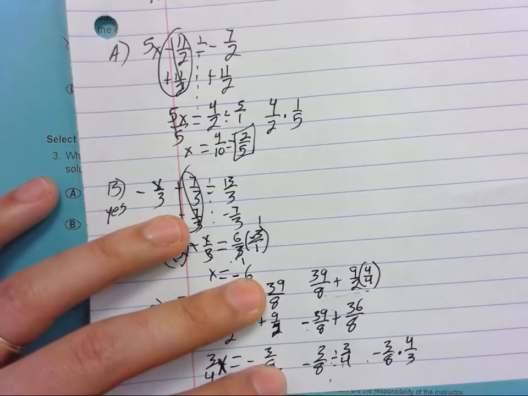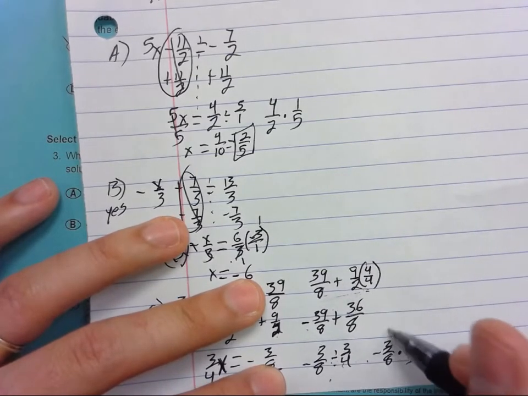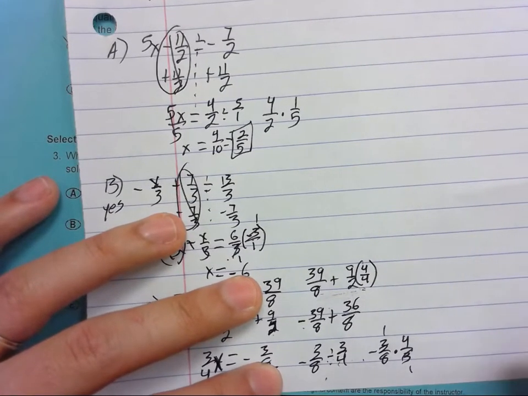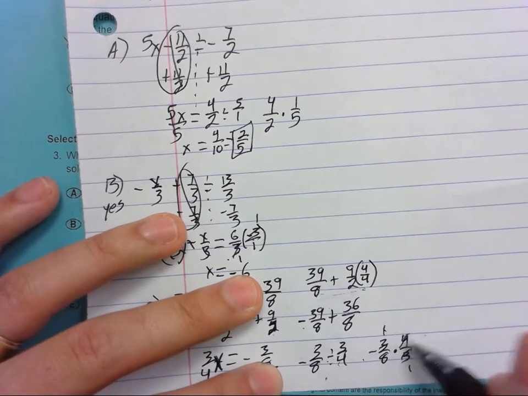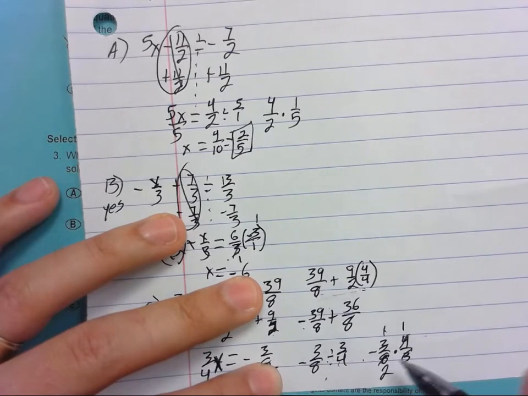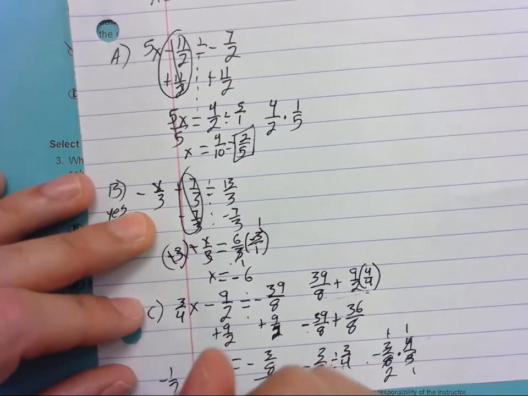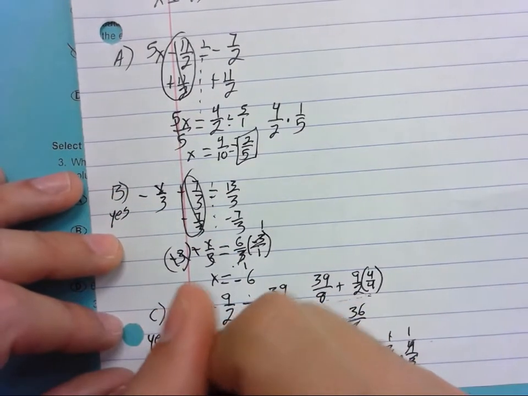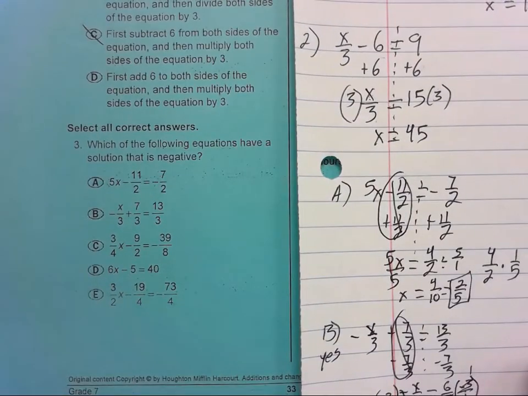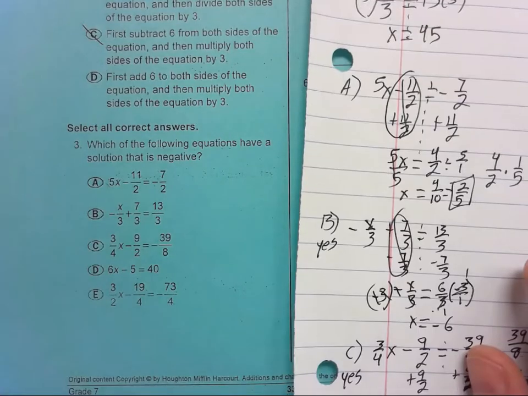And these will simplify. 3 and 3 is 1. And 4 and 8, divide them both by 4. This becomes 1, this becomes 2. So the answer is negative 1/2. So C is also negative, so C works. Moving on to D.